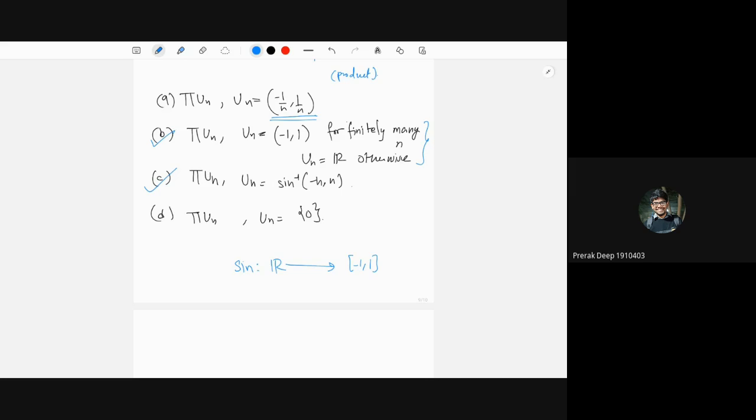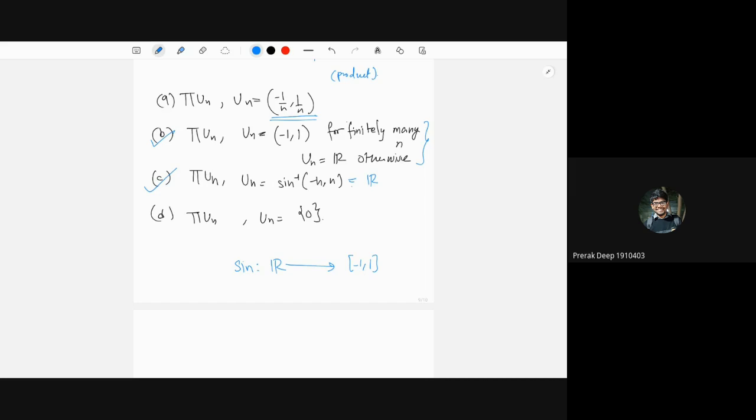So each Un is nothing but R, and the product is nothing but the product of R. Because of that, it is an open set in the product topology.